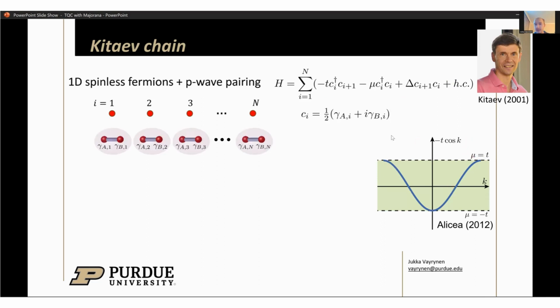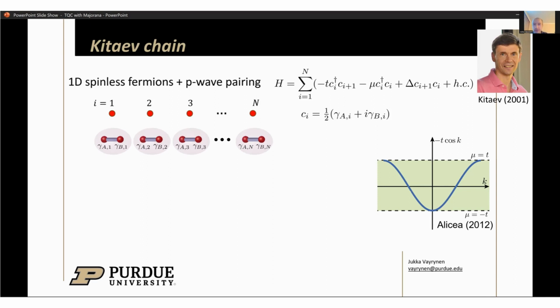And then what you can show is that when you turn on the pairing term, you get a topological phase. And if you're outside the band, let's say somewhere here in chemical potential, then you get a topologically trivial band. And you can show this explicitly. There's a topological invariant that you can calculate and so on.